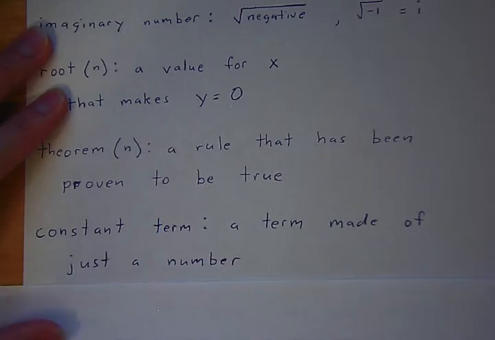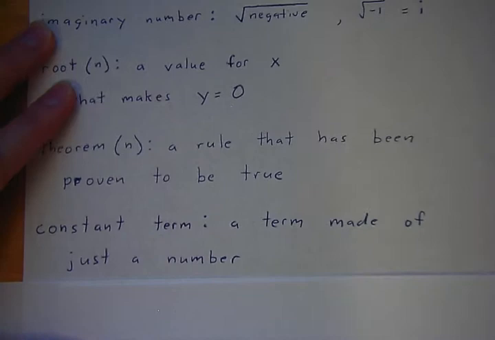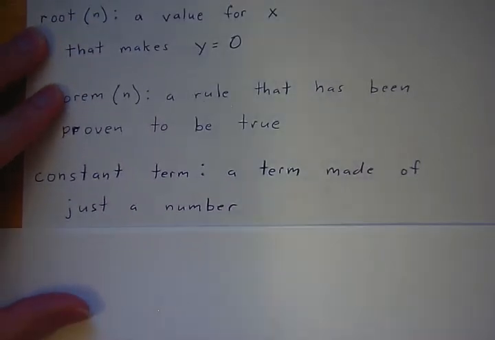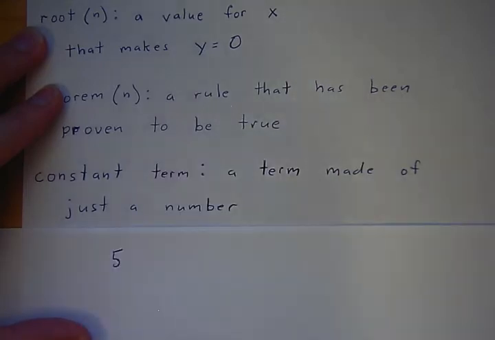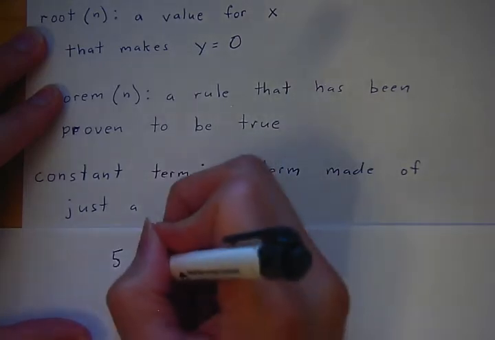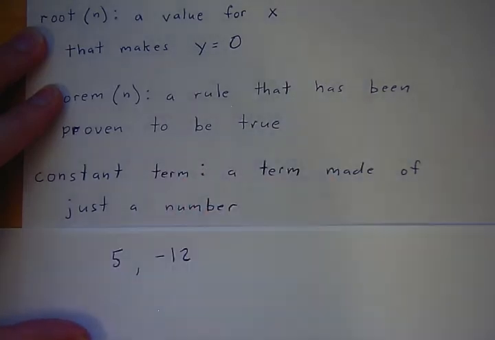Okay. 2 more words. Constant term. A constant term is a term made of just a number. So for example, the number 5 is a constant term. -12 is a constant term.